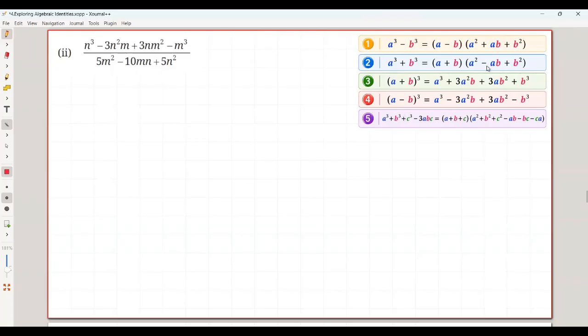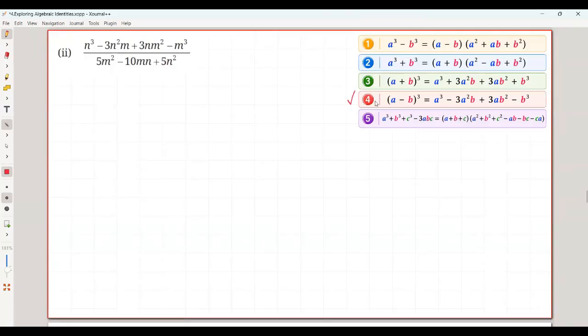This is in the form of a cube minus 3a square b plus 3ab square minus b cube. That means this belongs to the fourth identity. Correct? a cube minus 3a square b plus 3ab square minus b cube.